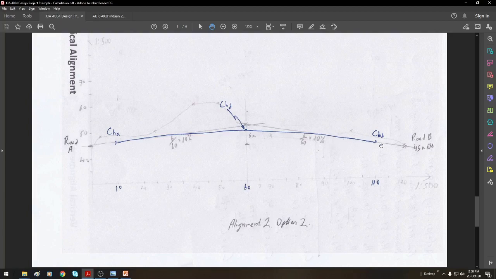You need to make sure that if you are using a longer length of vertical curve, this point does not go out of the limit here, and this one also does not go out of the limit here.